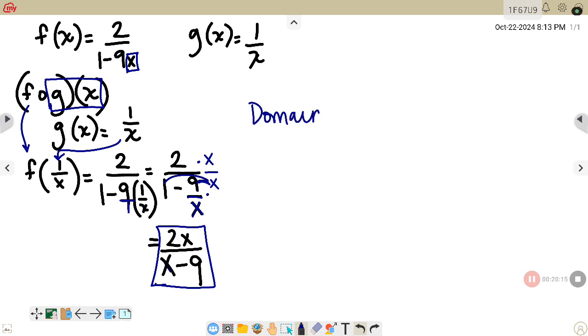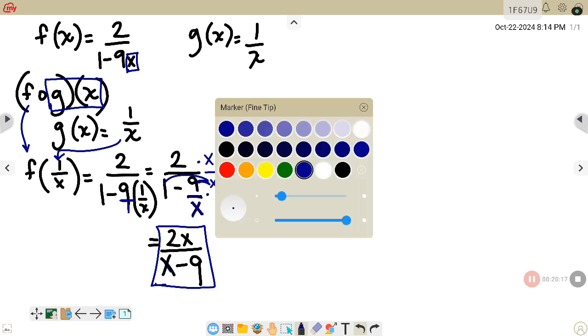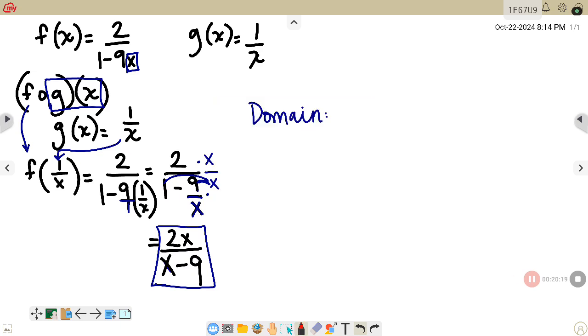So remember the two places that you look for restrictions. The final answer, which I do have a restriction because there is an x in its denominator. That means that denominator, which is x minus 9, cannot equal 0. So to find what makes that happen, I will add the 9 to both sides.